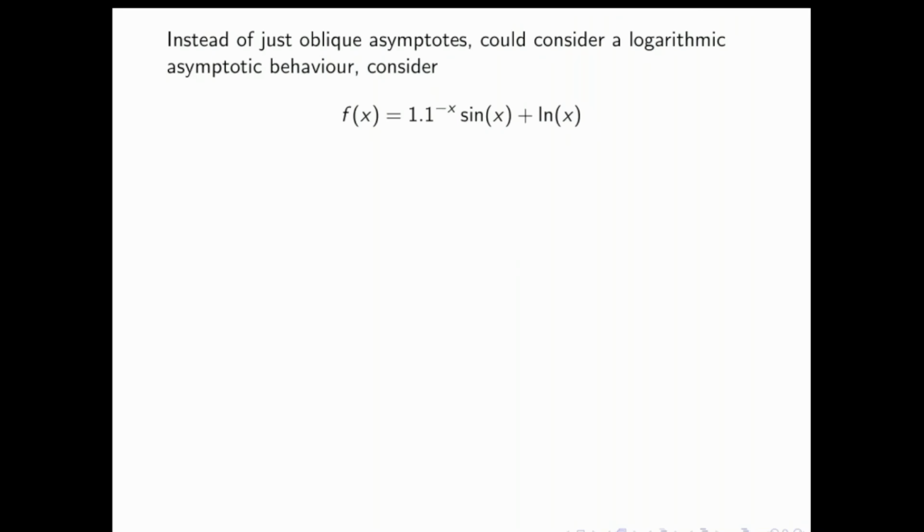And let's see that. Let's analyze this. So this guy is going to 0 because of the exponential. So we're just left with f of x behaving like the natural log of x as x goes to infinity.